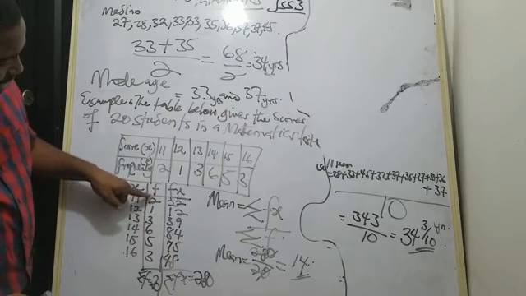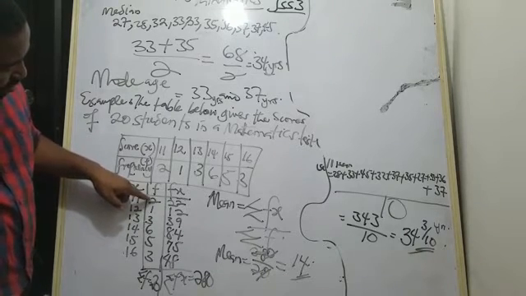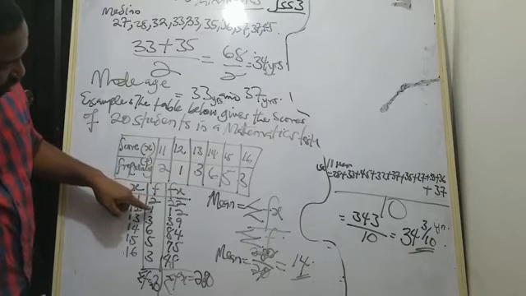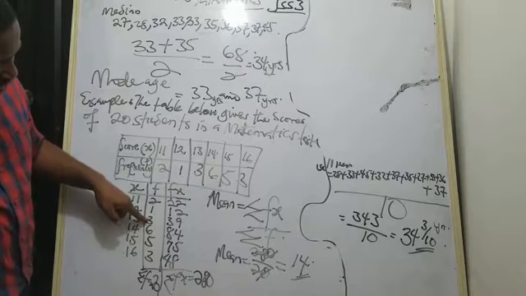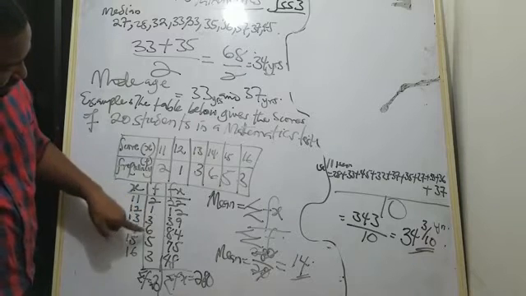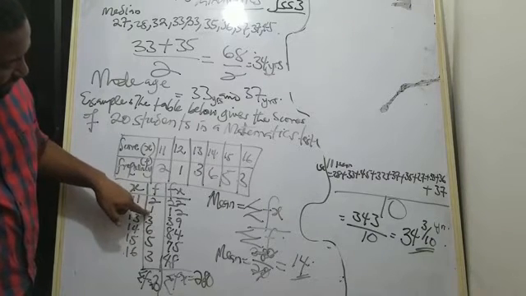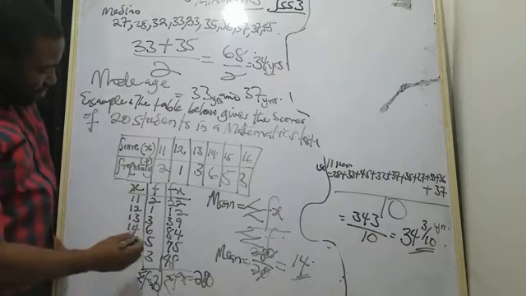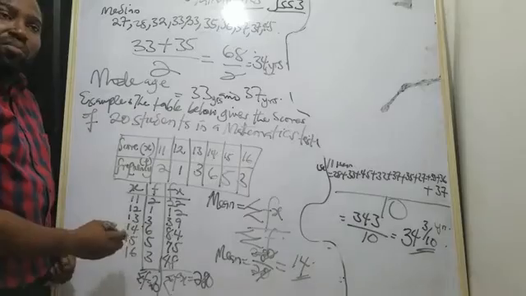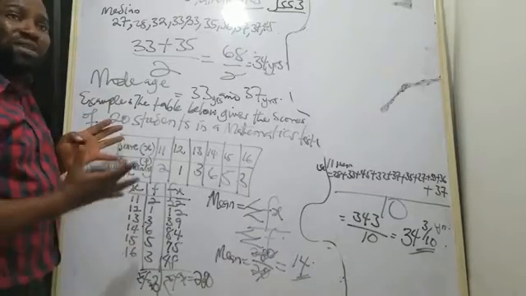What's the median mark? That's what we want to get. Now, what do we have here? 2 plus 1, what is it? 3 plus 3, 6. 6 plus 6 will be 12. It means your median class. What's the median number for 20? You know you have 20 students altogether.